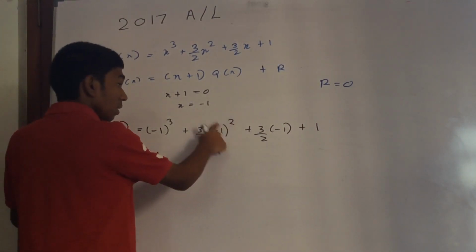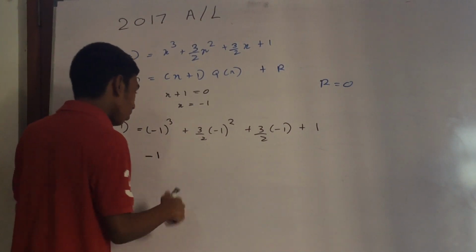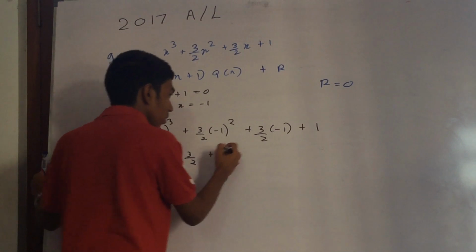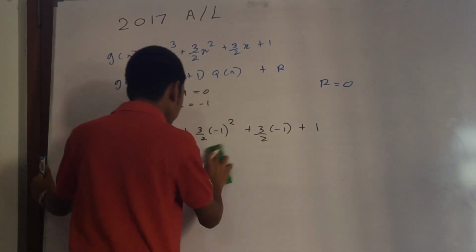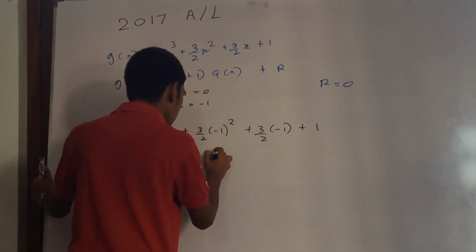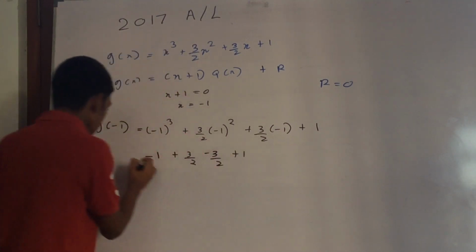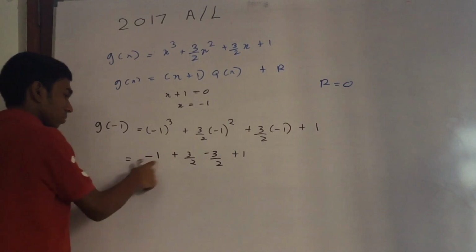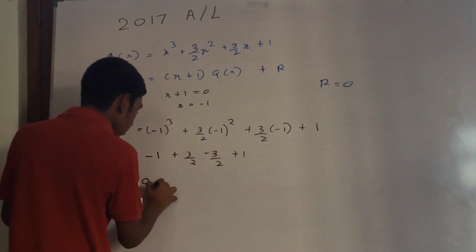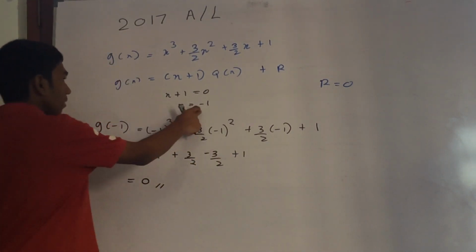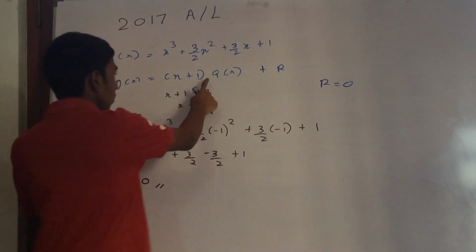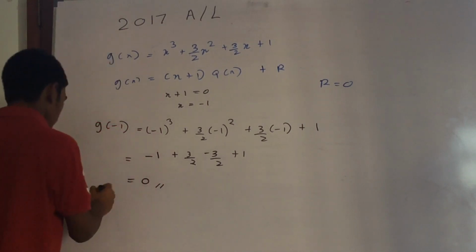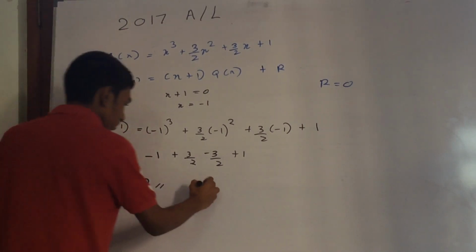Here the index is even on a negative base, so it will be positive, plus 3 over 2, and then minus 3 over 2 plus 1. Plus 3 over 2 minus 3 over 2 cancel, and minus 1 plus 1 cancel, so it will be 0. So r will be equal to 0.